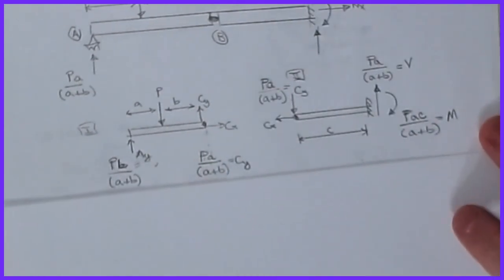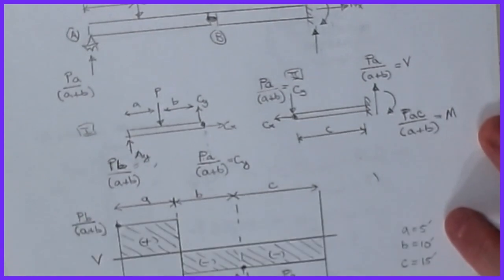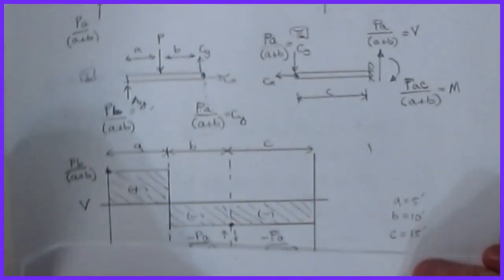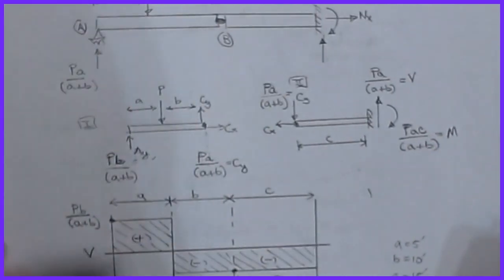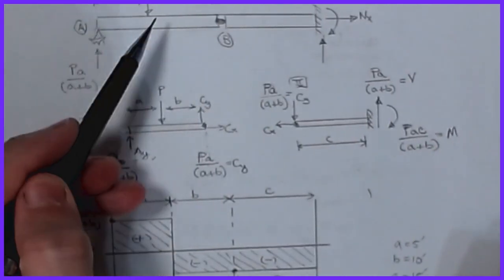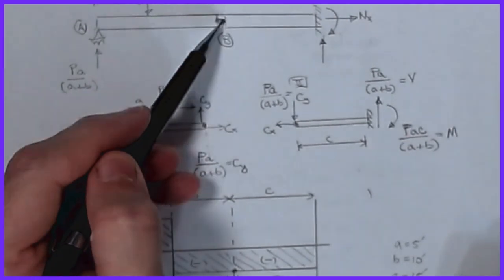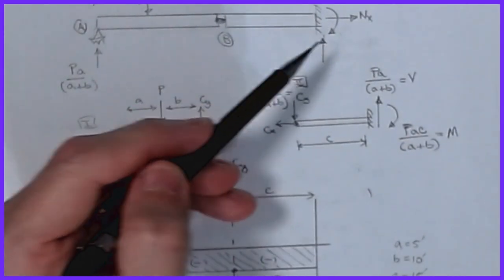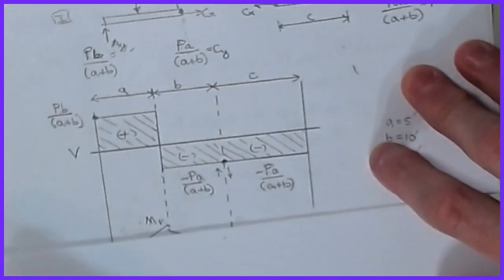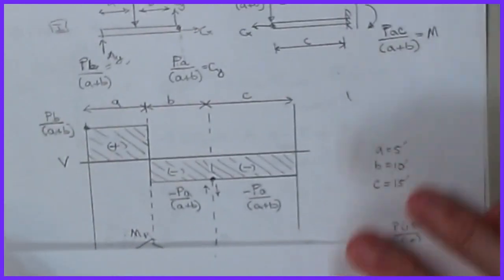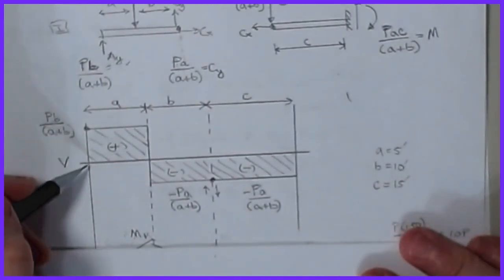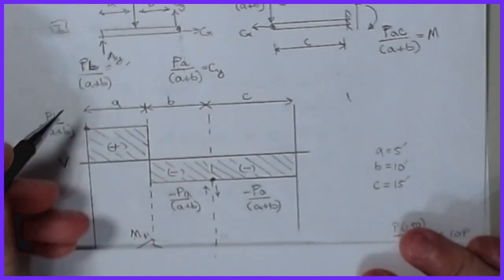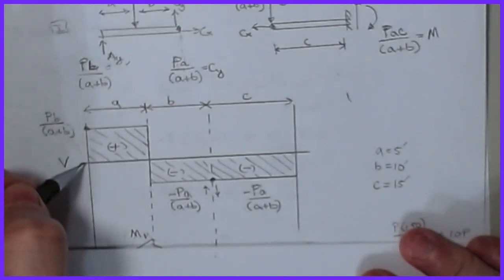All we do then is go back in and start drawing our shear and moment diagram. We locate our critical points on here. If you remember, we'll have a critical point at the support, at the load, at the hinge, and at this other support. That's what these lines are representing. This is a fairly simple picture, but I want to show you how you put the pieces back together.